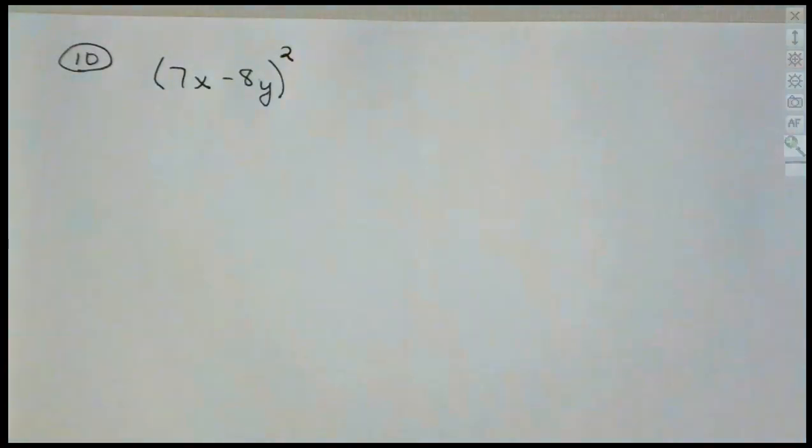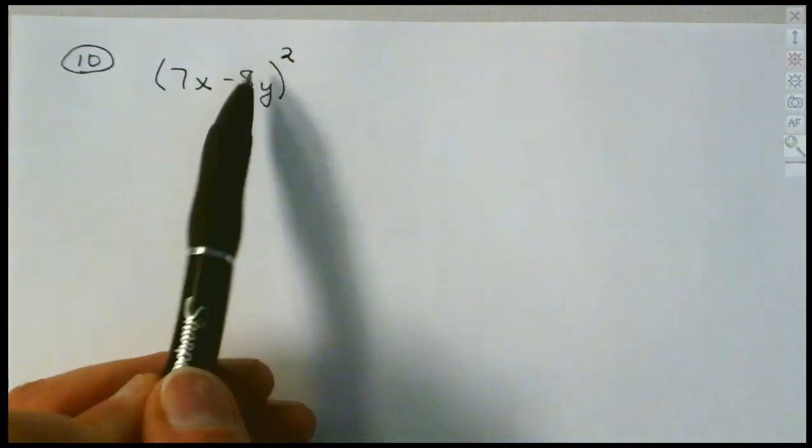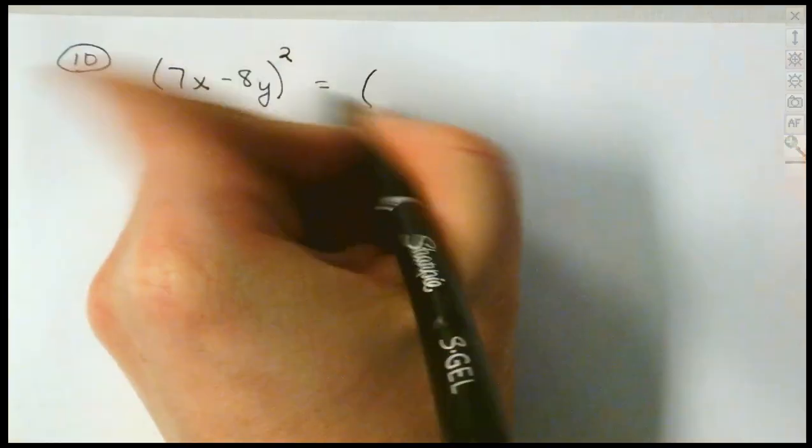Now for this one, I don't know how many times I've seen students just go through and square. And then they say, oh, well, 7 squared is 49, and 8 squared is 64. So they write it down as 49x squared and 64y squared. And that's not correct. Okay, what we need to do is when you have a square like this one, we write it out twice.